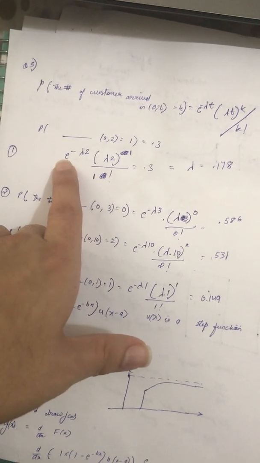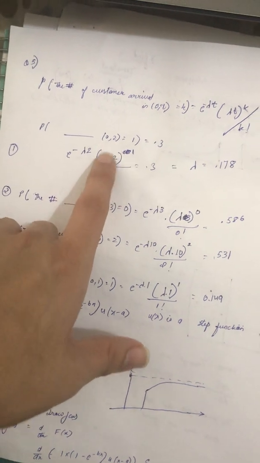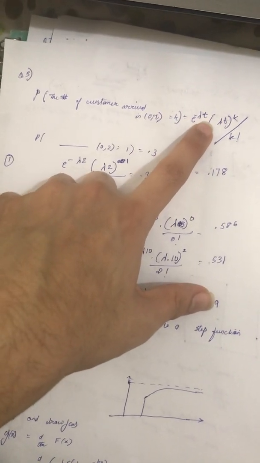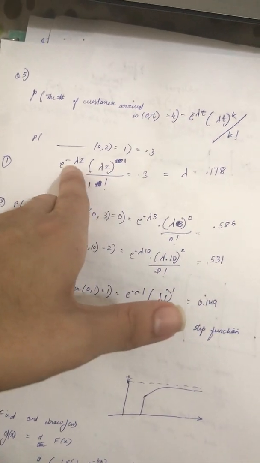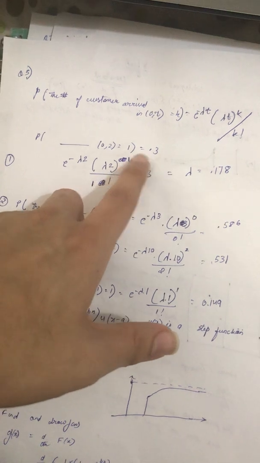So that makes the equation e to the power minus lambda 2, because the time given is 2, so we substitute t as 2, into lambda 2 to the power 1.